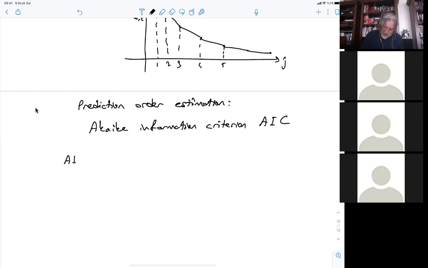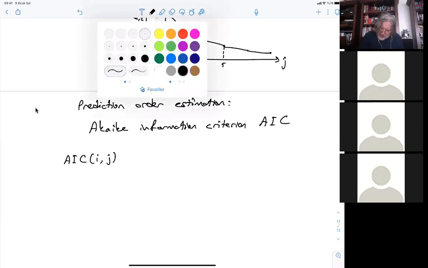The Akaike information criterion, it's a numerical function of I and J for general ARMA models of autoregressive I and moving average J. So we don't really need this J here.